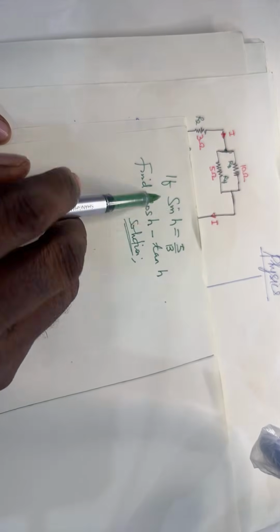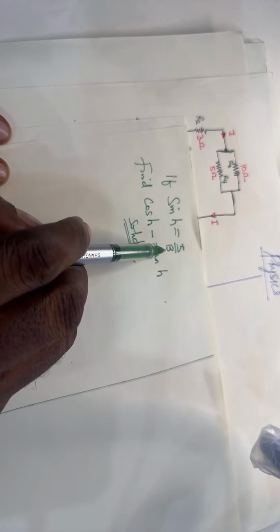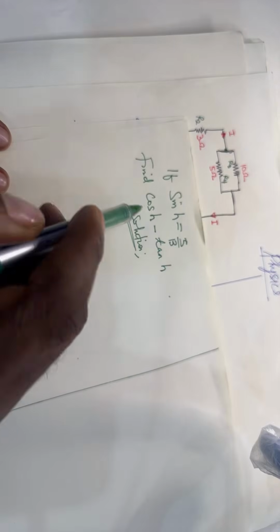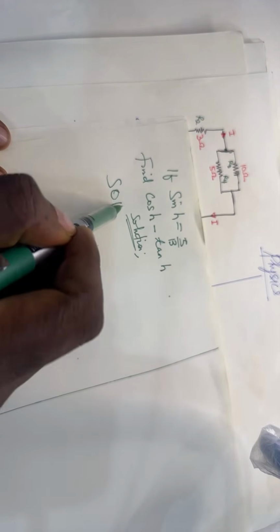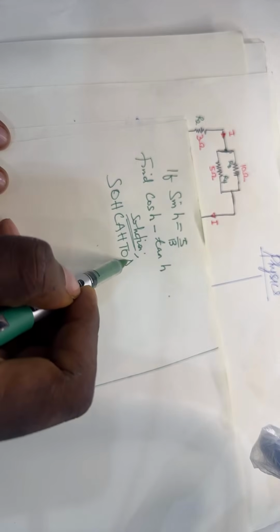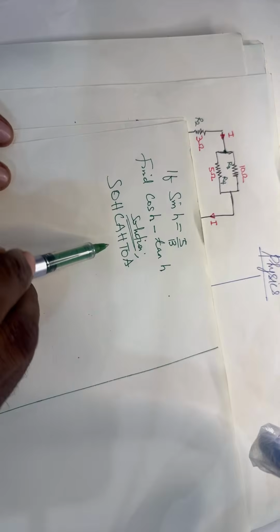Now they say sine h now 5/13. First thing I want to make you remember now is that thing they call SOHCAHTOA. How many of you don't hear about SOHCAHTOA?